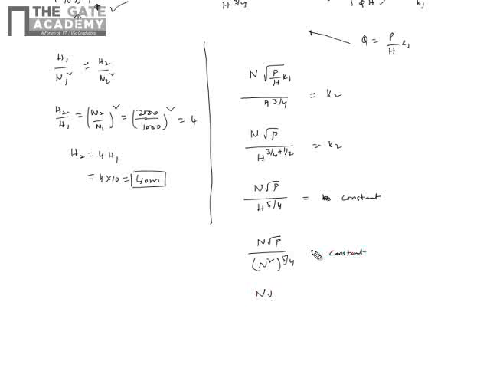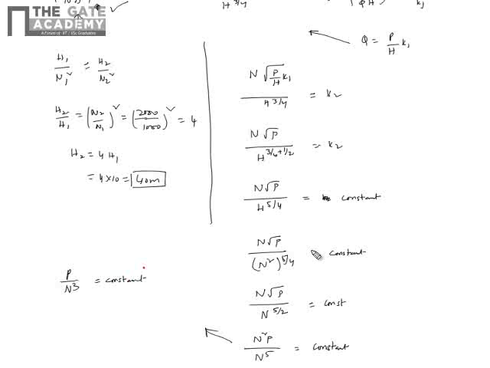So this can be written as n root P by n to the power 5 by 2 is equal to a constant. Now if I just square it on both sides, n square P by n to the power 5 is constant squared, which is another constant. So this will be P by n cube is constant.